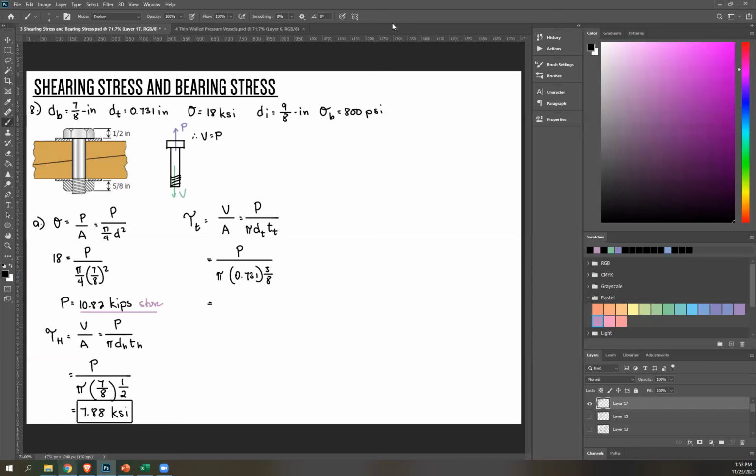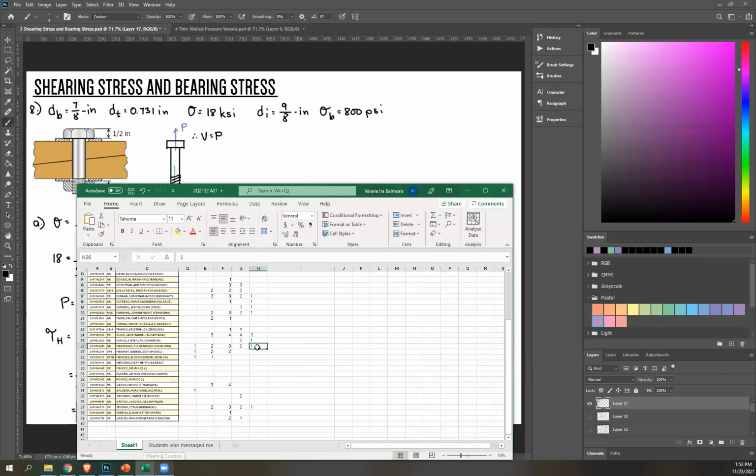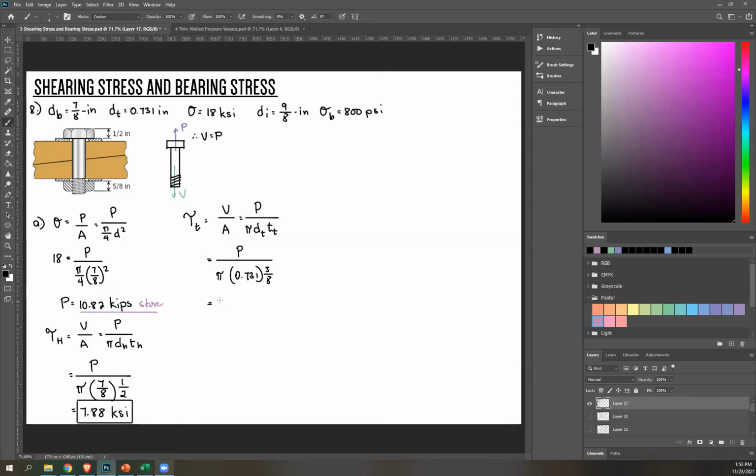Correct, 7.54. Again, unit KSI. As you can see, for a bolt, the head is experiencing more stress than the threads. Right, so that's part A.